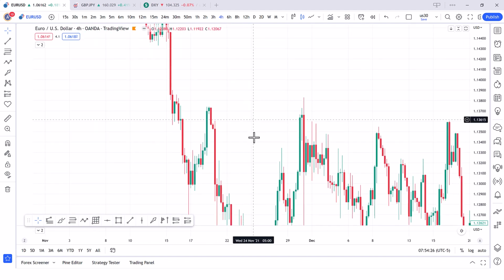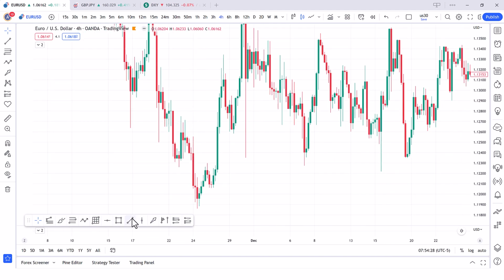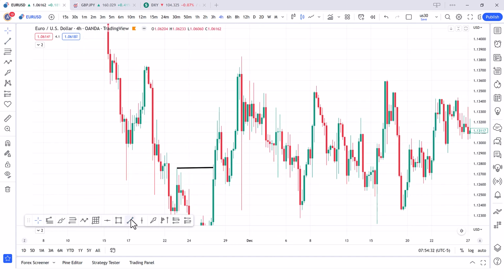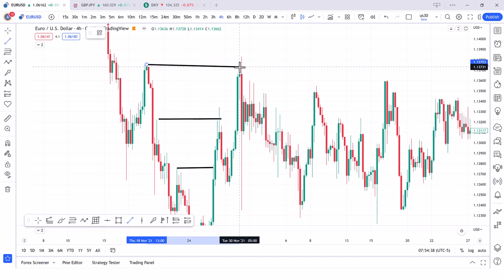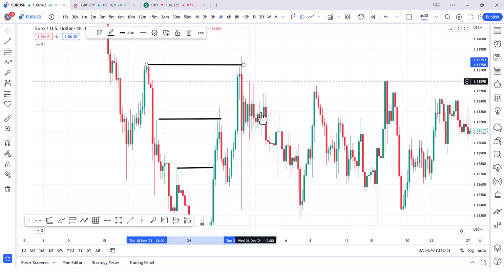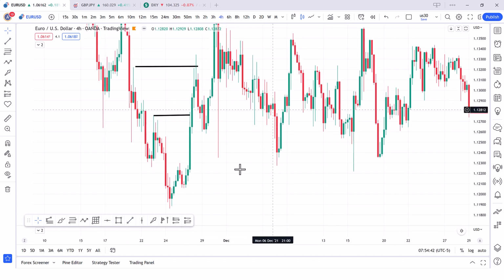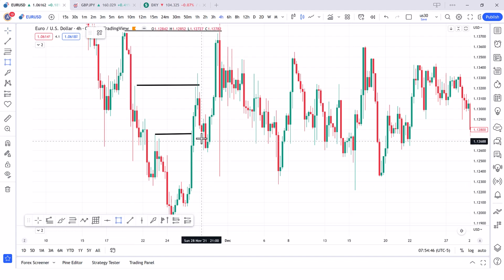But we don't have a minor pivot until here or even here. All these structures got broken, and now we can start to trade to the upside. Where we can start, when we can trade, we can, for example, mark this order block and this order block.